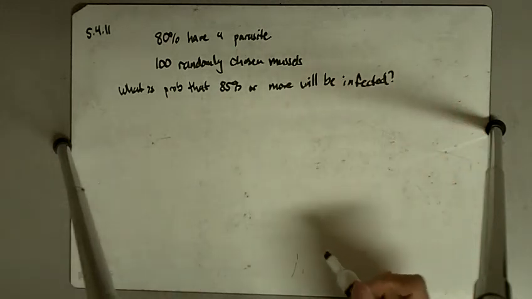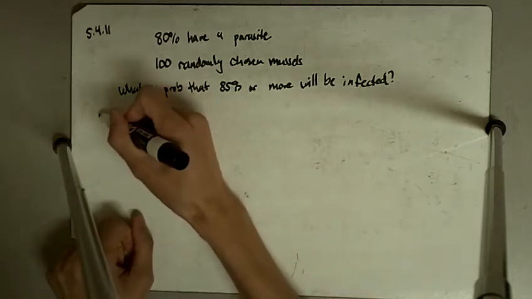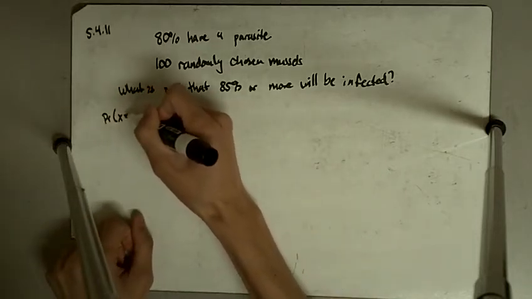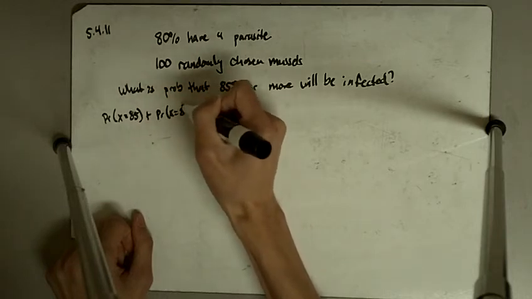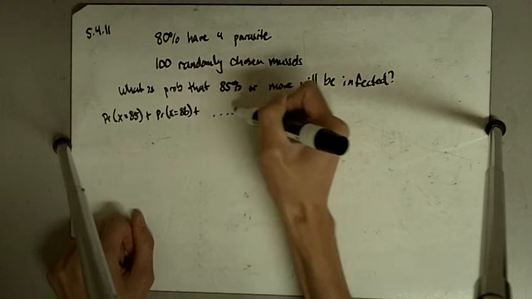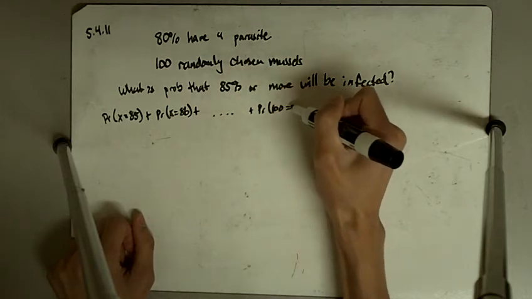Okay, so if we were going to answer this manually, we would have to do the probability that x is equal to 85, plus the probability that x is equal to 86, all the way up to the probability that all 100 are infected.